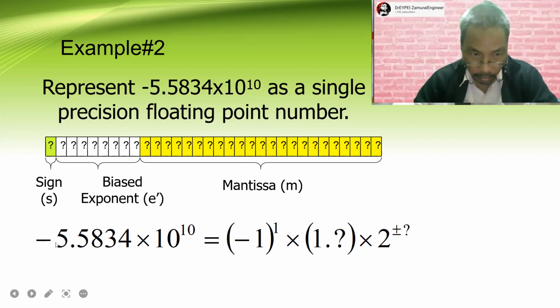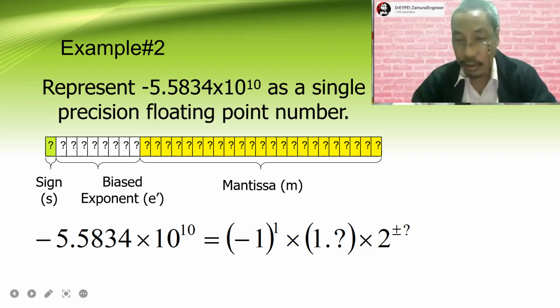So the sign, negative 1, is just like this. This is the format: times 1 point mantissa. The question mark here is the mantissa. We need to calculate the mantissa either manually or using your calculator.